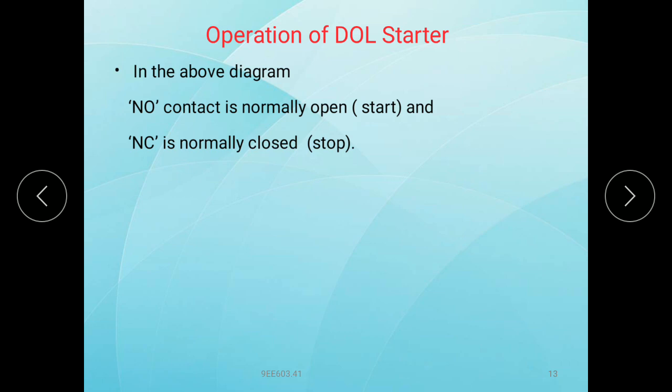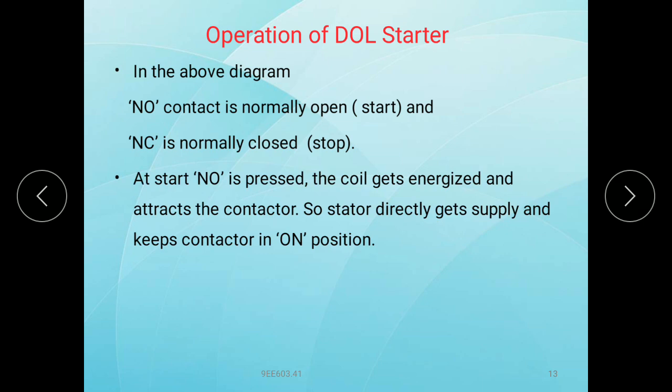Operation of DOL starter. In the above diagram, NO contact is normally open, it means start, and NC is normally closed, it means stop. At start, NO is pressed, the coil is energized and attracts the contactors.